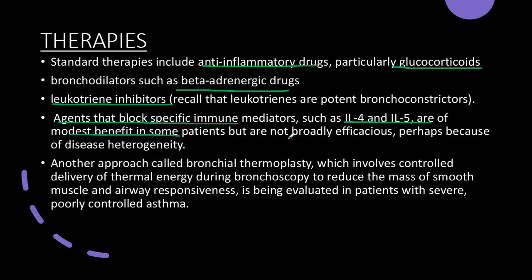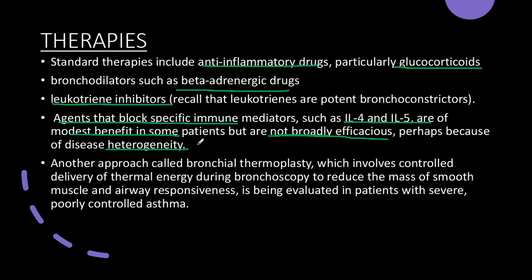Okay. Also, agents that block specific immune mediators such as interleukin 4 and 5 are of modest benefit in some patients, but they are not broadly efficacious because asthma is a disease which exhibits heterogeneity. Okay, so we don't have a common pathway, because remember I told you about intrinsic and extrinsic asthma.